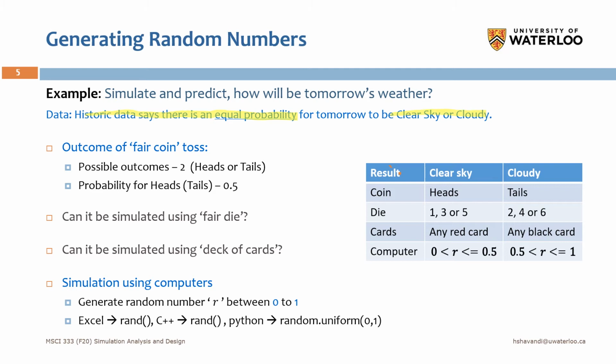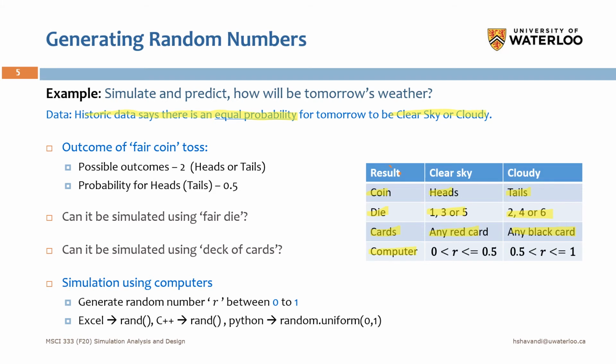As you see here in the table, we have summarized the methods. If you use a coin, heads will be for clear sky, tails for cloudy. If you use a die, 1, 3, and 5 would be for clear sky, 2, 4, 6 for cloudy. If you use a deck of cards, any red card means tomorrow's weather will be clear sky, and any black card means cloudy. Or we can use the RAND function in the computer.